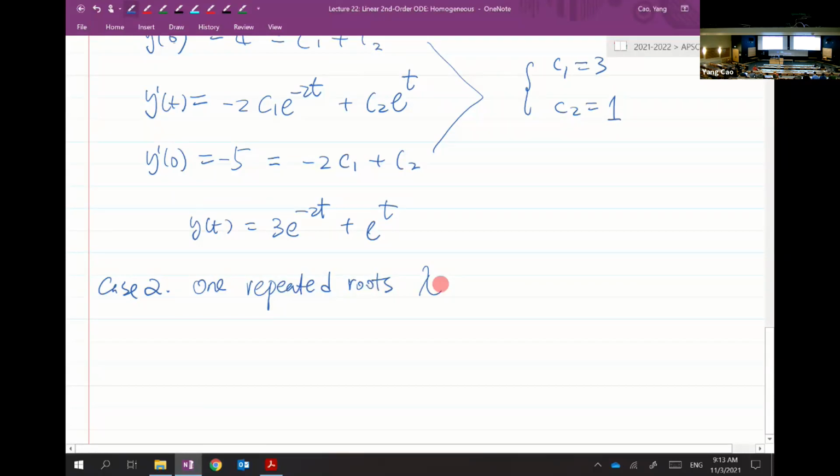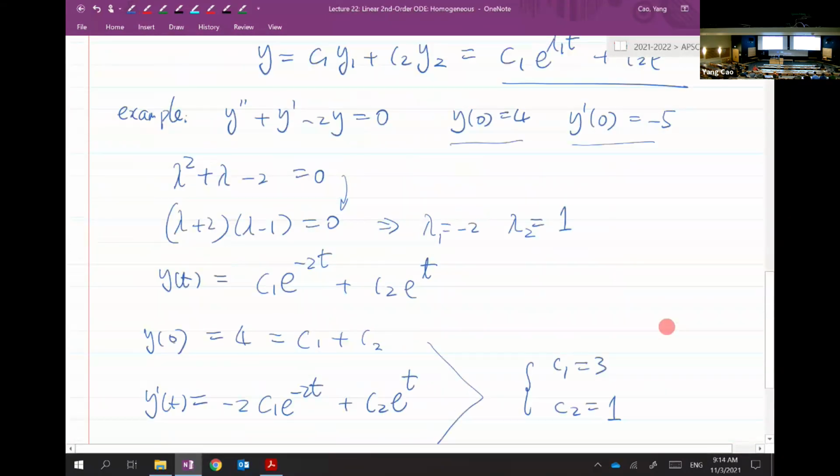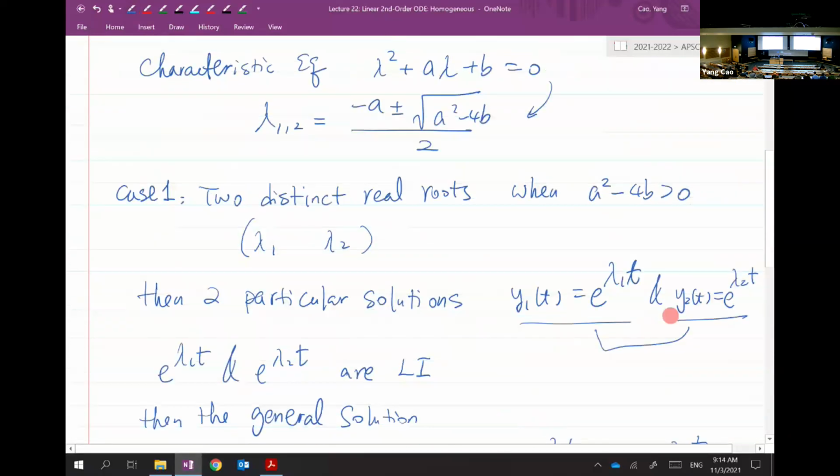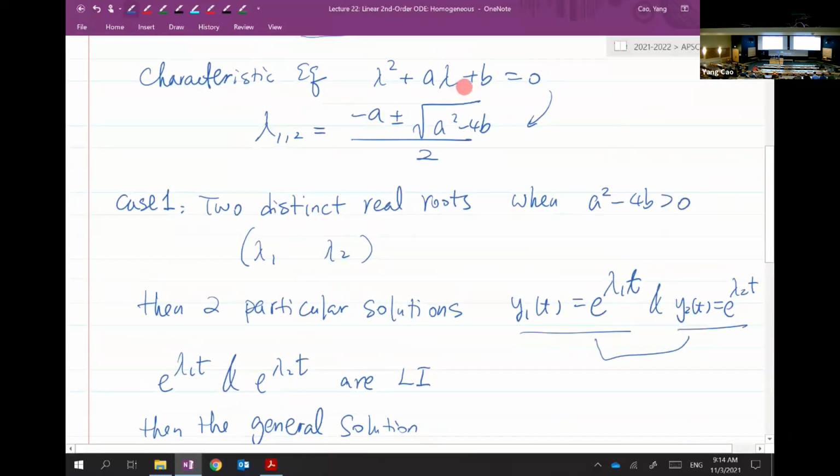So you don't have two solutions, right? It's repeating twice, basically. If I go back to this characteristic equation, if a squared minus 4b equal to 0, then your only solution is -a over 2.